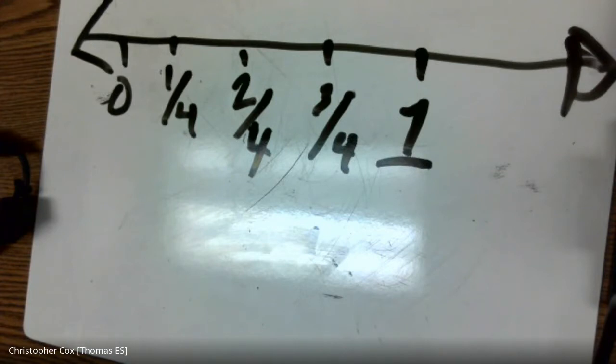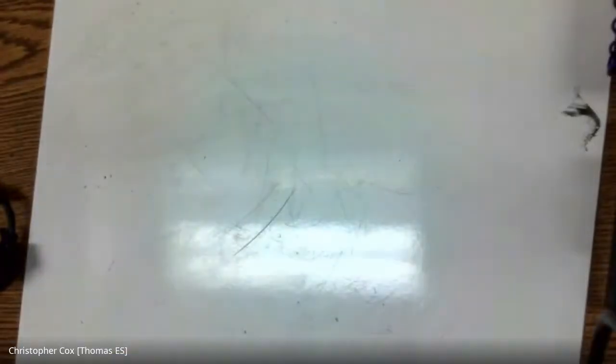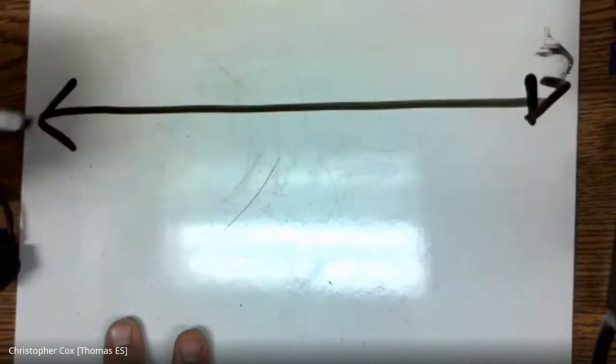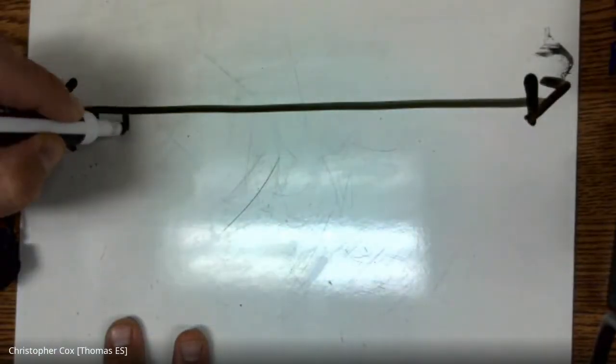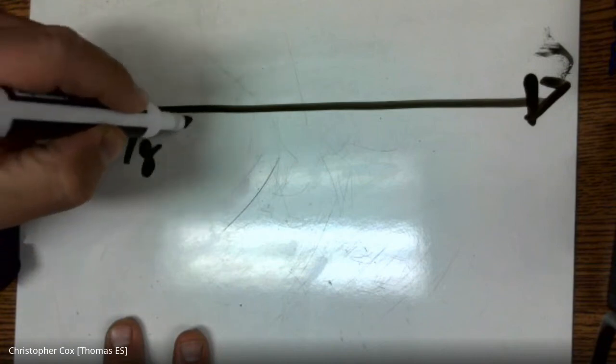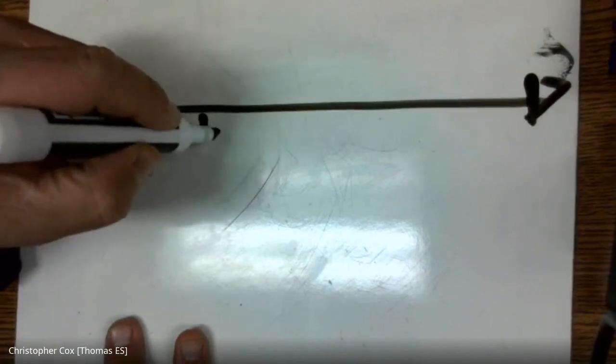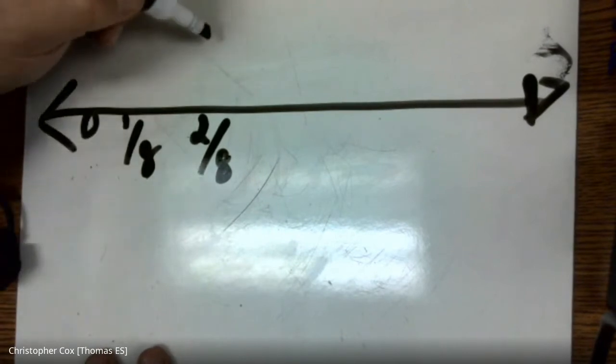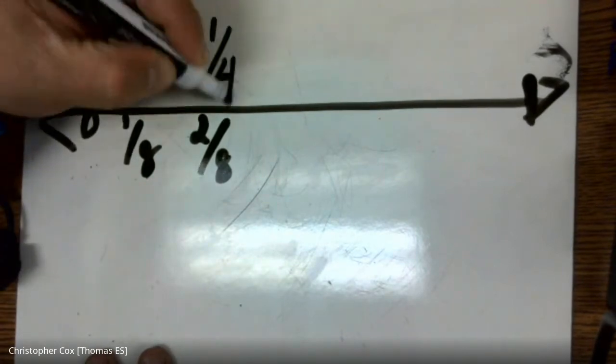And there's one, for example, on your homework, and it's counting by eighths, right? 0, 1/8, 2/8, except for 2/8, they write 1/4.